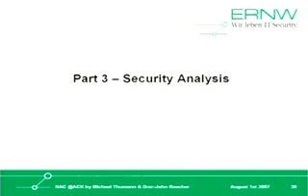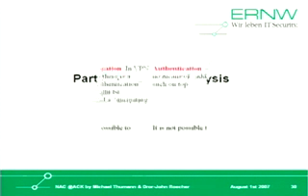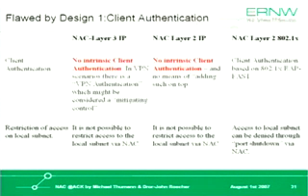Let's get into detail with a security analysis. This will be my last part, and then Michael will take over. Just for a quick summary of issues. NAC layer 3 IP and NAC layer 2 IP, client authentication: none. I mean, with NAC layer 3 IP you may use it over VPN, so you have a sort of VPN authentication, right?